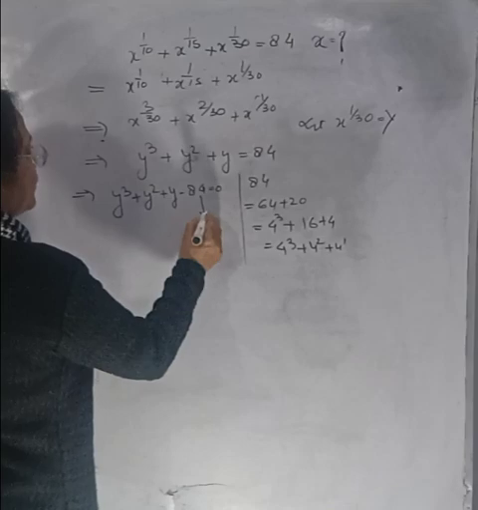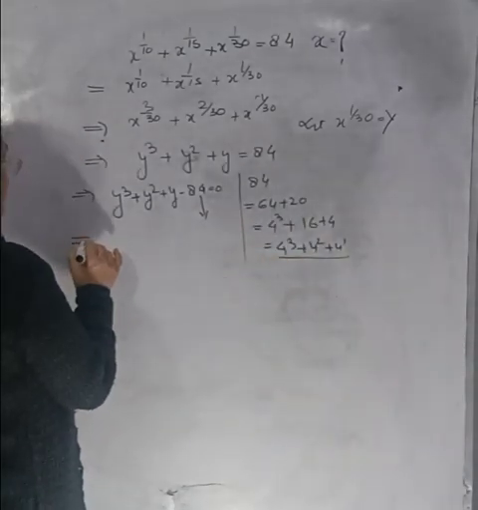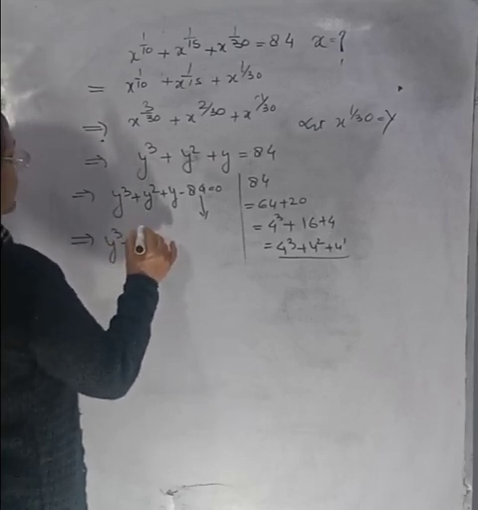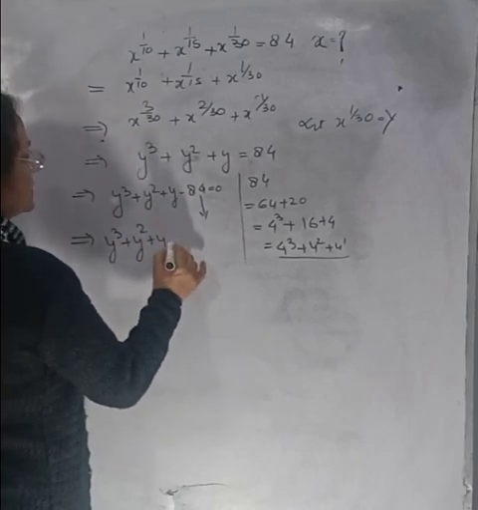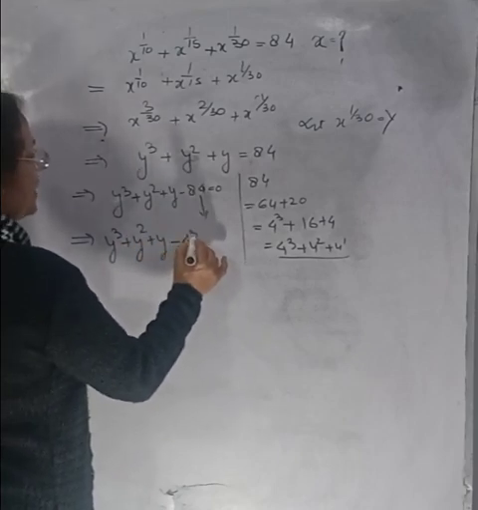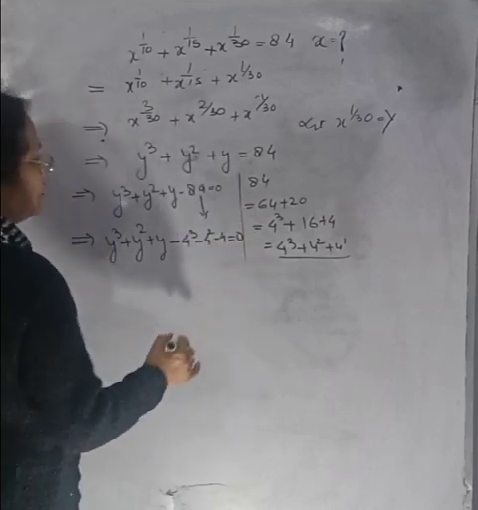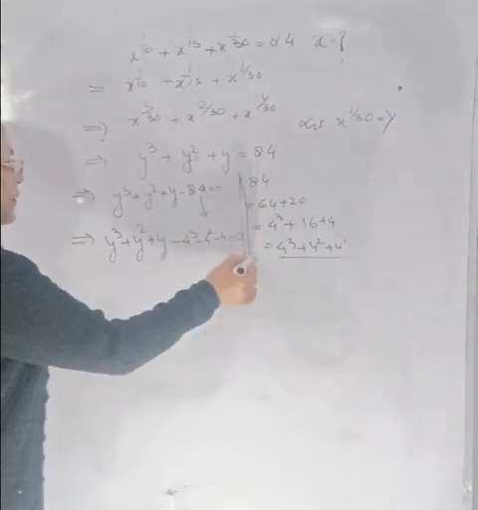So 84 is divided in terms of 4 in this way. We can write y to the power 3 plus y square plus y minus 4 to the power 3 minus 4 to the power 2 minus 4 is equal to 0.